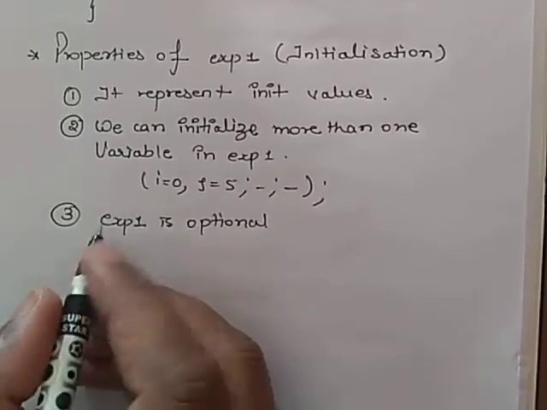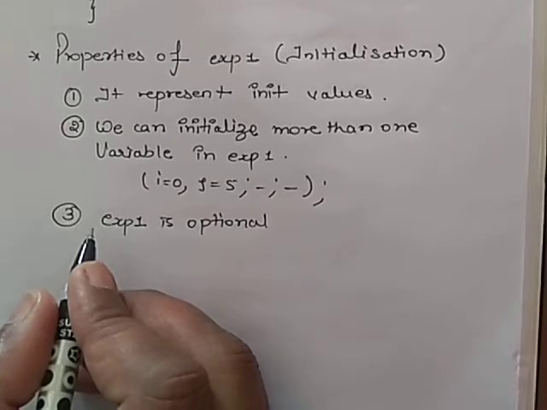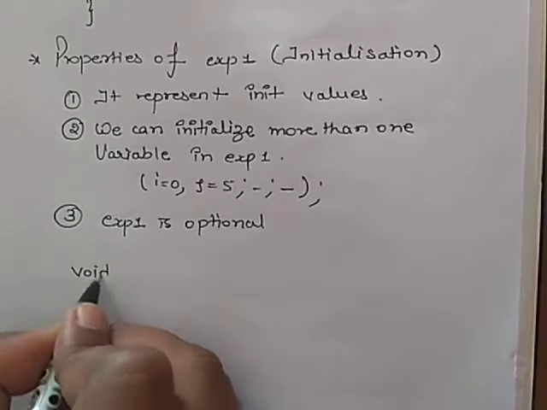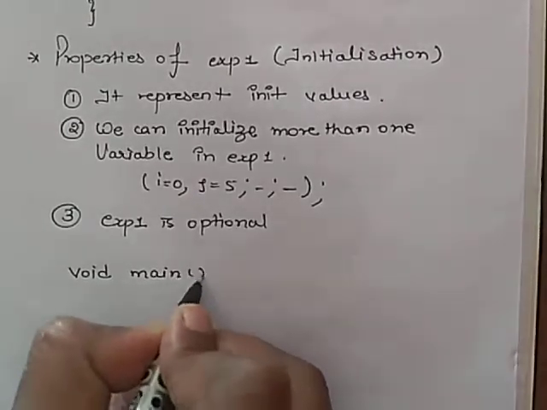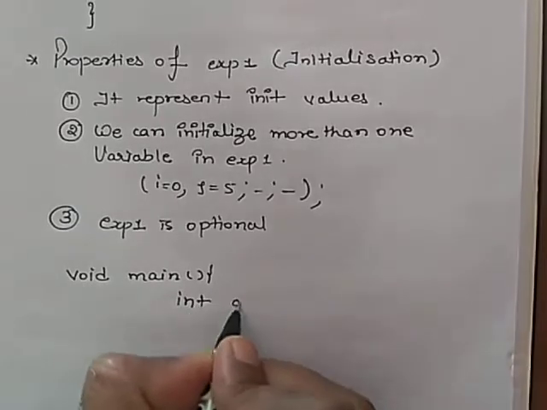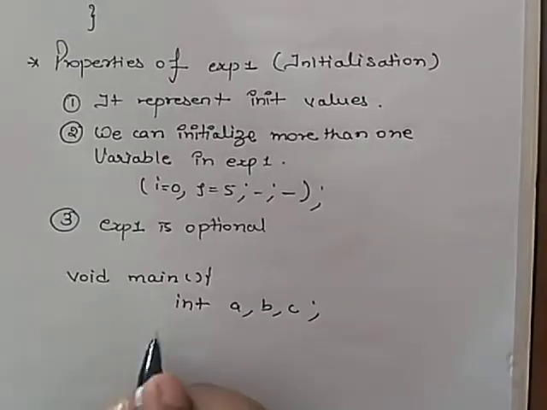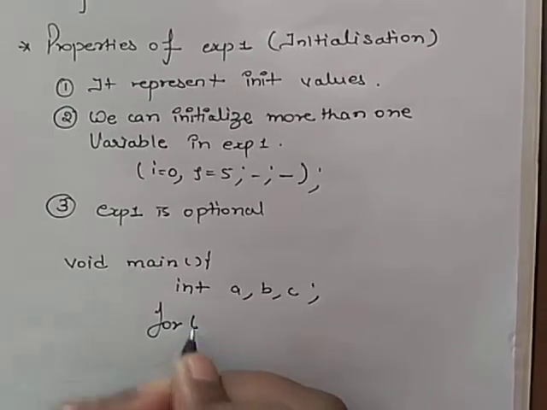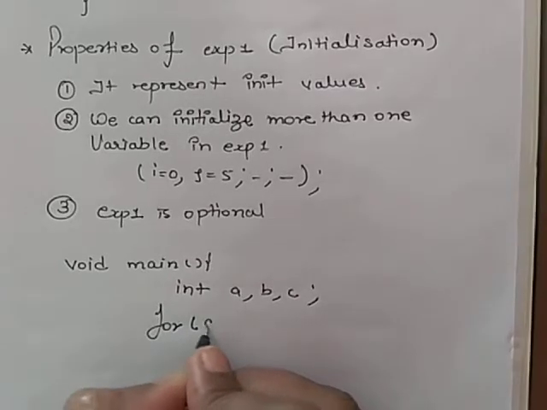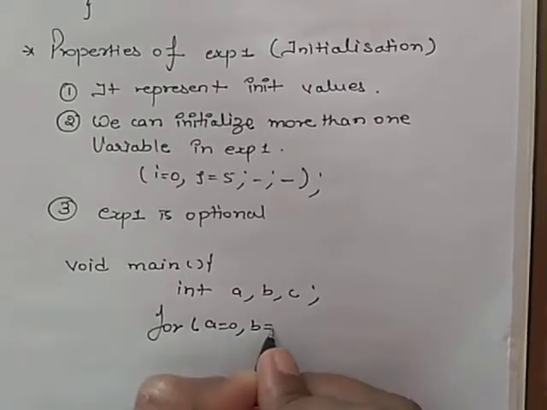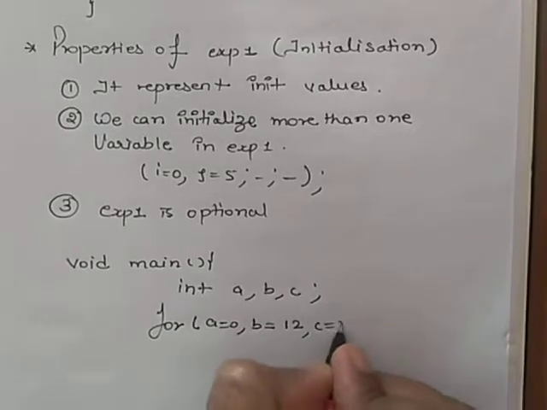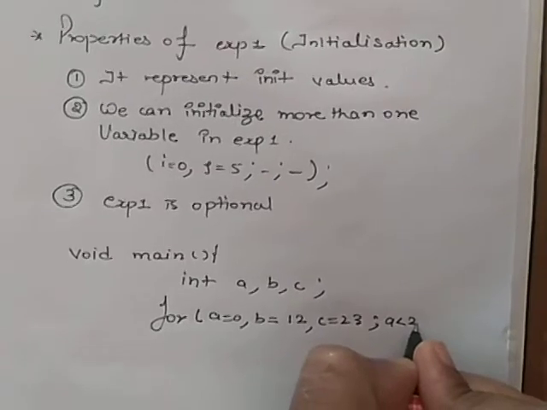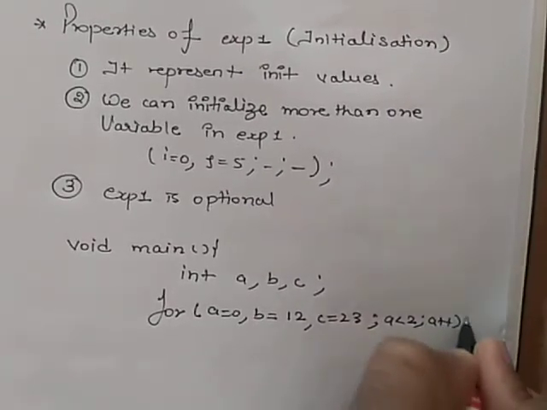Now let us take an example and see what is going to be done here. We have taken a void main function. Inside we have taken three variables a, b and c. Now we are using a for loop, that is for (a equal to 0, b equal to 12, c equal to 23; a is less than 2; a plus plus).